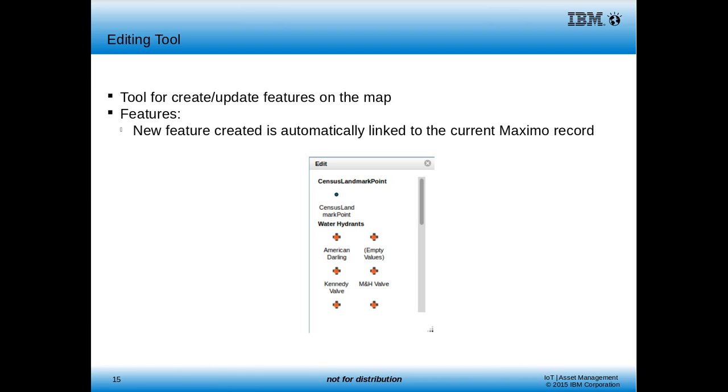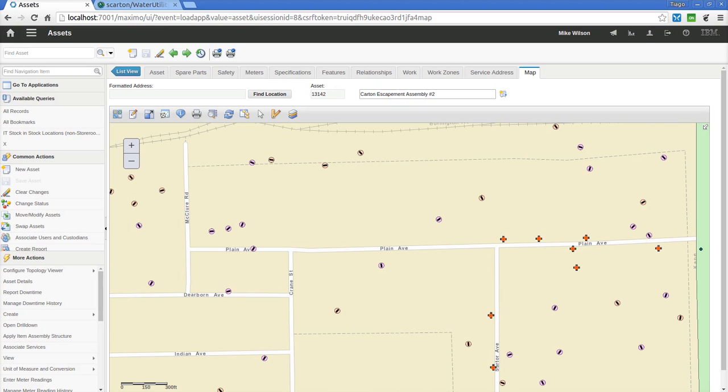If there is already a feature linked, you get a confirmation dialog, and you can replace the current link that already exists. You can replace and delete the previous feature, or you can cancel. Okay? Let me show you.